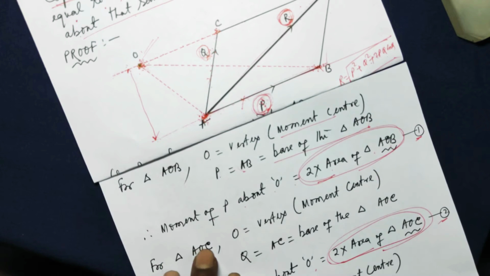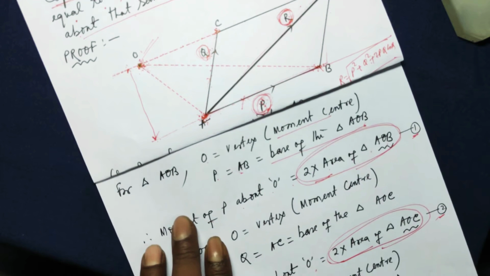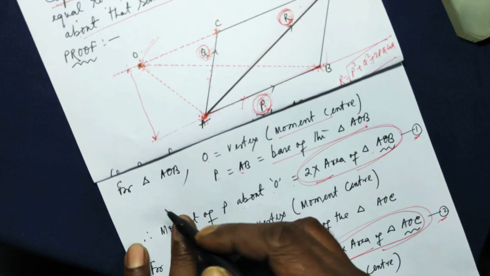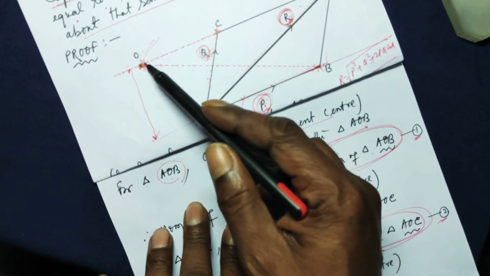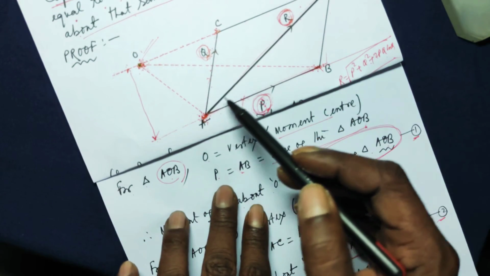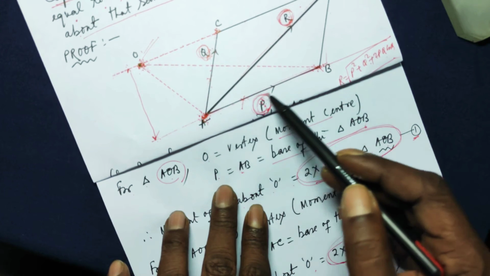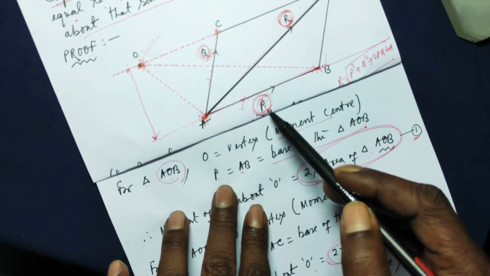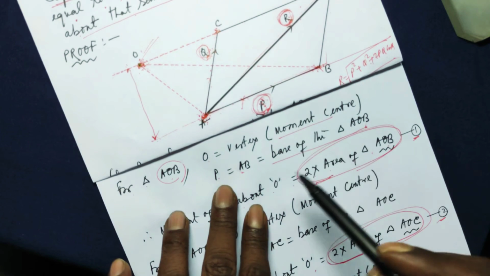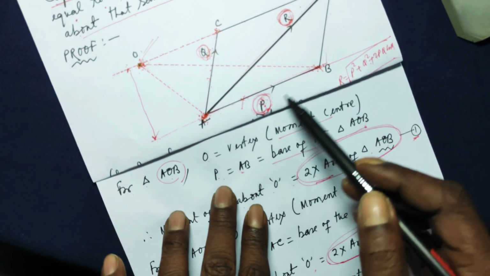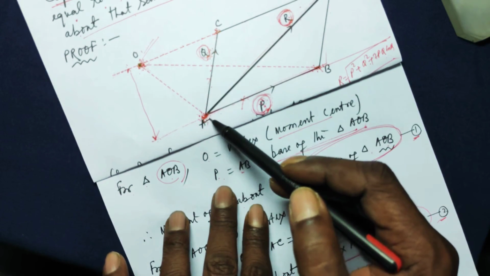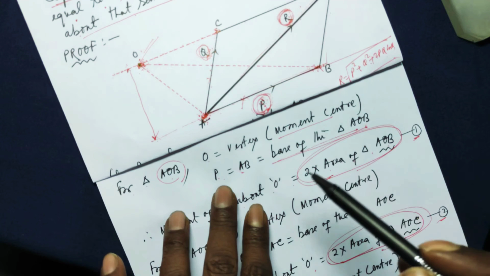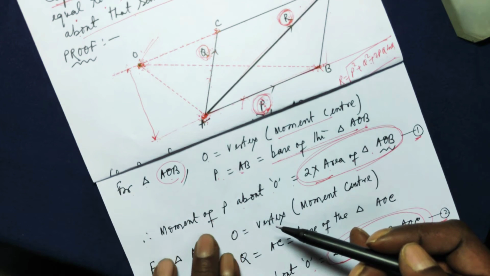Now look. It is interesting to observe. For triangle AOB, this is the vertex. I consider AB as the base because it is represented by the force P. Therefore, P is represented by the side AB, the base of the triangle, and in the triangle AOB, the vertex is the moment center.